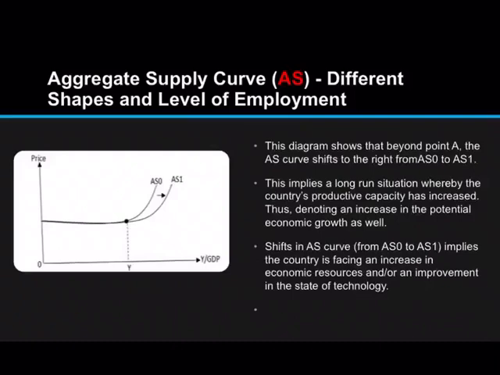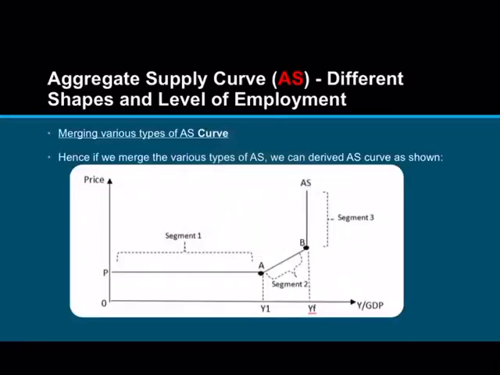So this diagram is the same as the diagram that we have discussed. The vertical line of the AS means the country has already achieved the maximum output level. Even so, this AS can be shifted a little bit to the right hand side if there is an increase in economic resources, as well as an increase in the technological state.